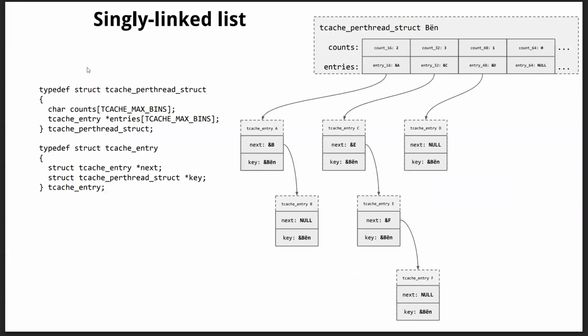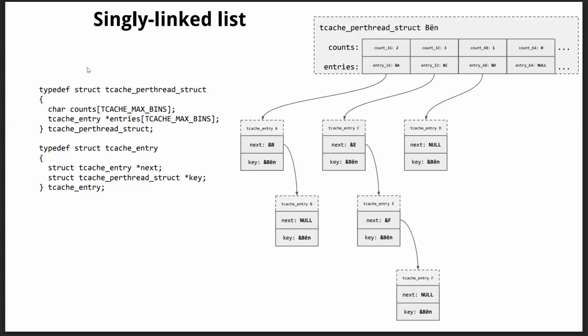Let's see one animation here. We have a thread. This thread has a tcache_perthread_struct, and this structure has many different bins, right? We have many different counts there and many different entries.